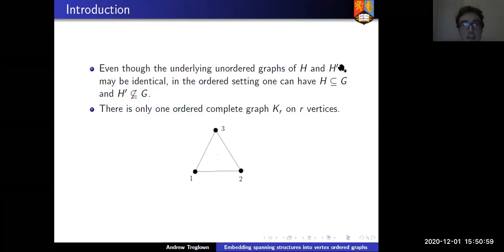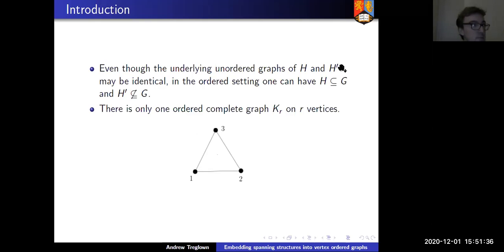As you can see now, this is a very different problem. Embedding a graph in the ordered setting is very different to the unordered setting. Just because two ordered graphs have the same underlying simple graph, it doesn't mean that they're both contained in a particular ordered graph G. One of them, H, might be in G, and H prime may not be in G. Having said that, a simple observation: there's only one ordered complete graph, K_r, on r vertices.